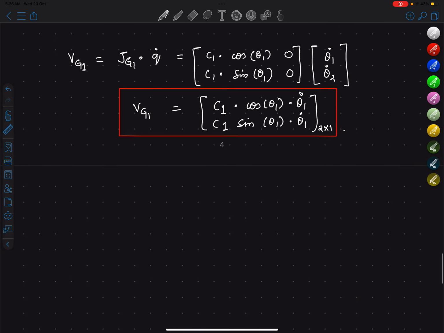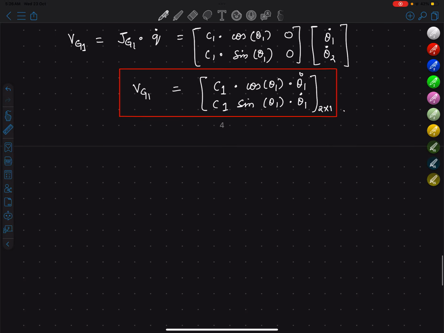Okay, so let's try to calculate vg2. It was given by Jg2 dot q dot. So let's try to find Jg2, which can be written from g2 in the second frame.